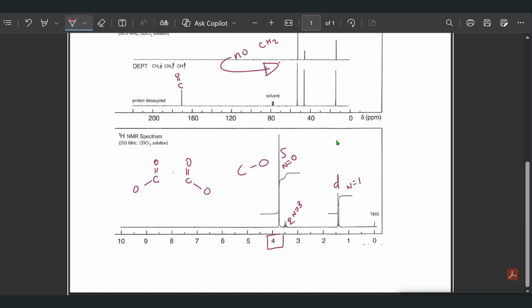I'm thinking of this one here. If I can put a CH3 in the middle to get that singlet, to get these to be a D and to get these to be a Q.